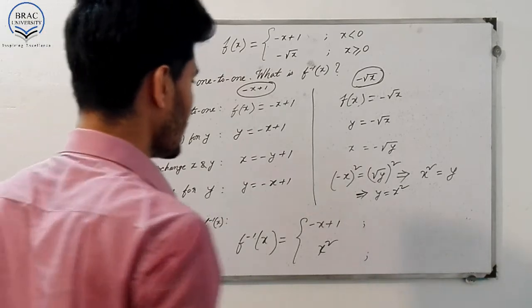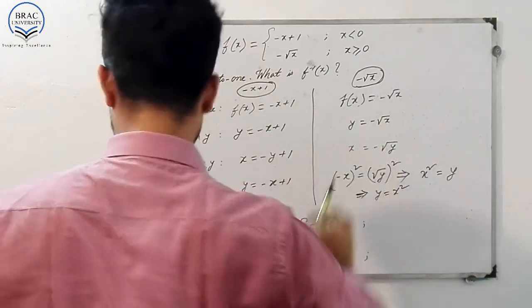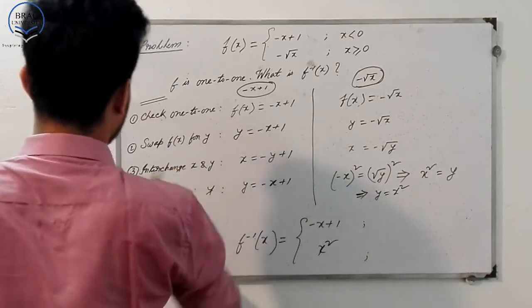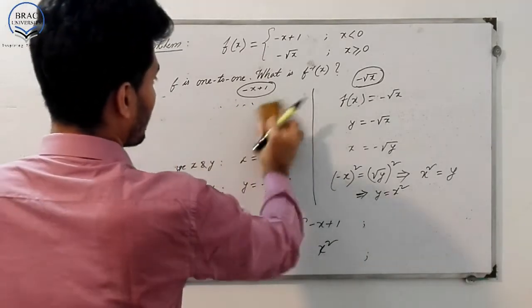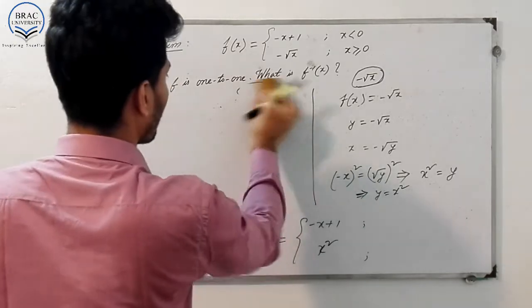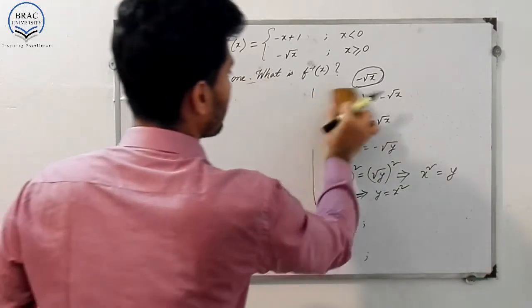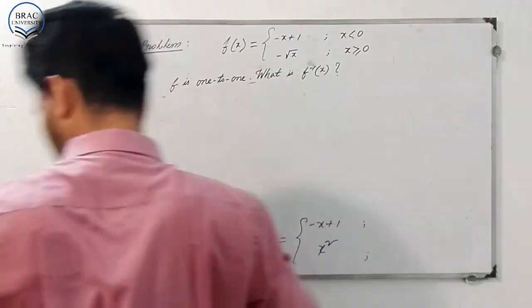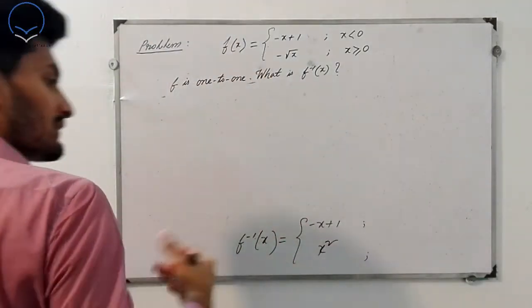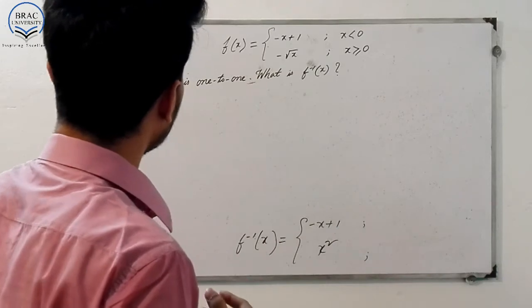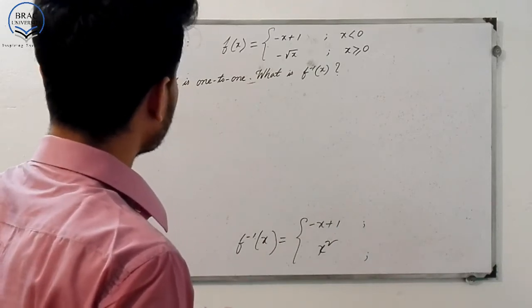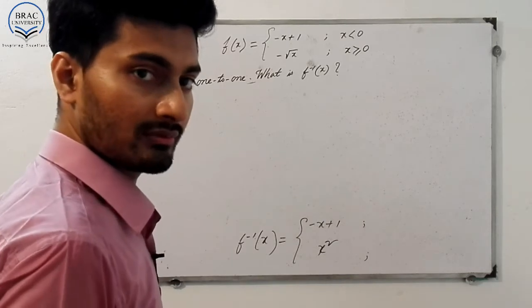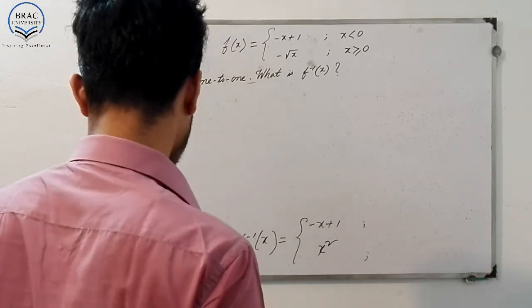So let's erase some part of it to create some space. So I'm going to erase this part and work on finding out the domain. But to find out the domain of this inverse function, we have to see an important relation that we studied in the theoretical description of inverse function.